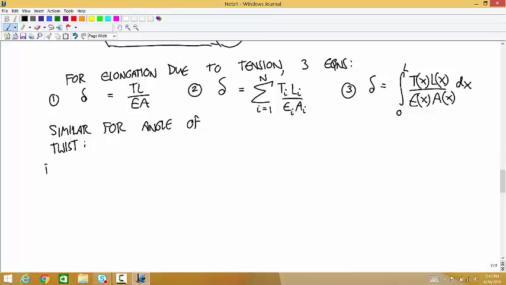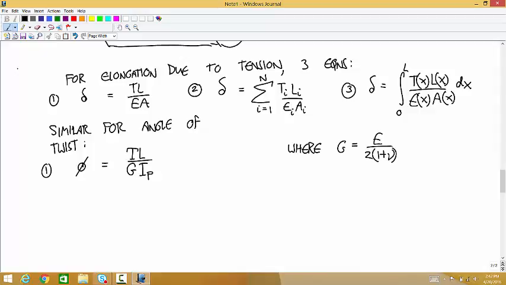So first, if all the values are constant, the angle of twist is the torque times the length over a constant G times the polar moment of inertia. Where G is equal to E over 2 times the quantity 1 plus nu.